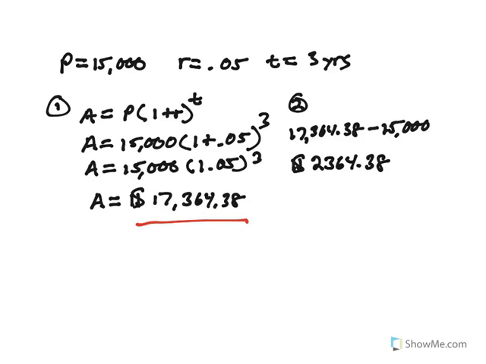Okay, so now we are going to find, oh, by the way, this was compounded annually, so let me just write that down. This is given, by the way, so it's going to be compounded annually.